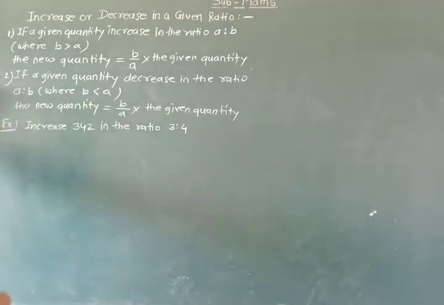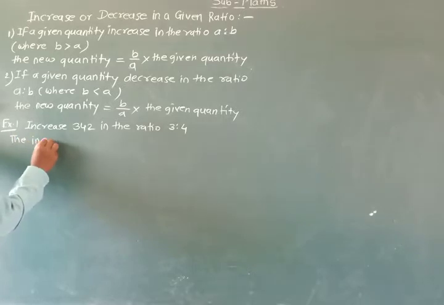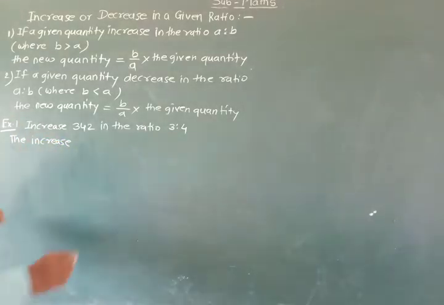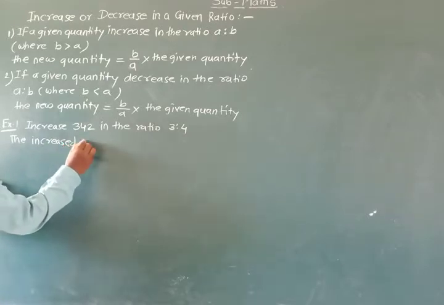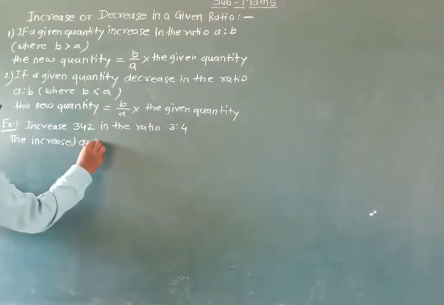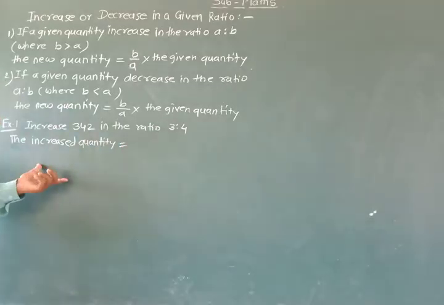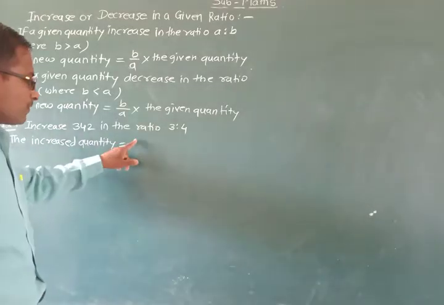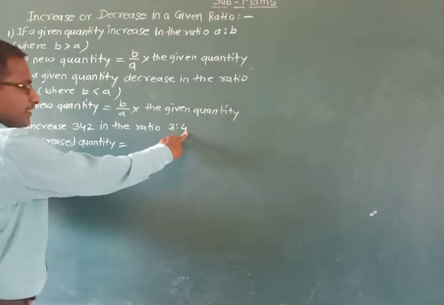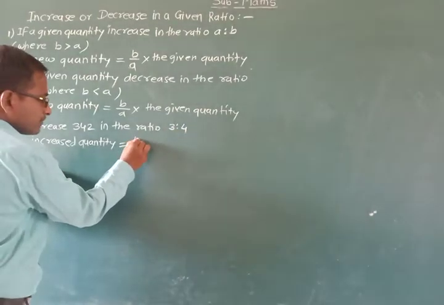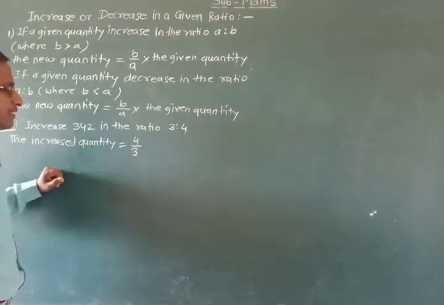The increased quantity is equal to 4 upon 3, since 4 is greater. So first you write 4 upon 3.